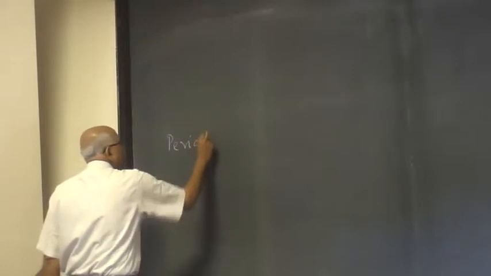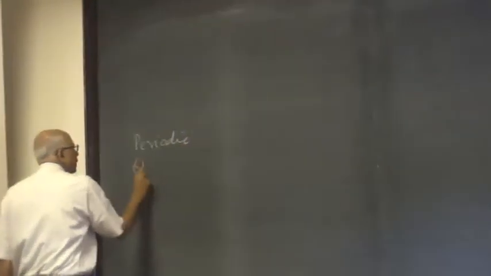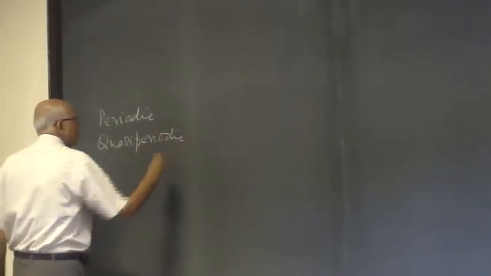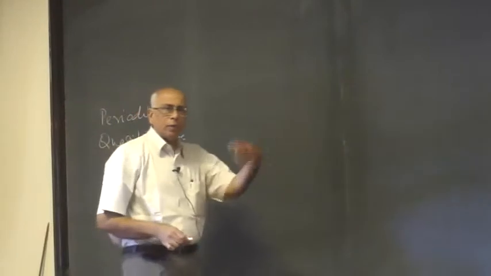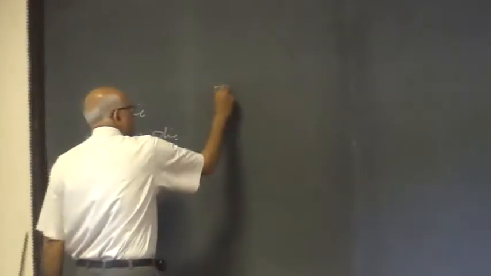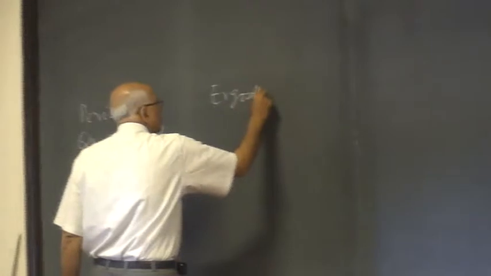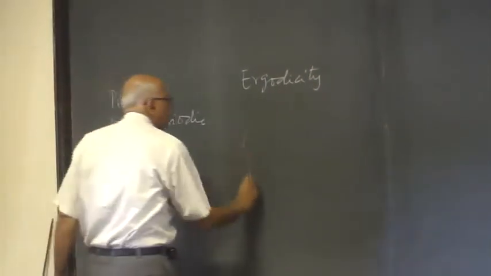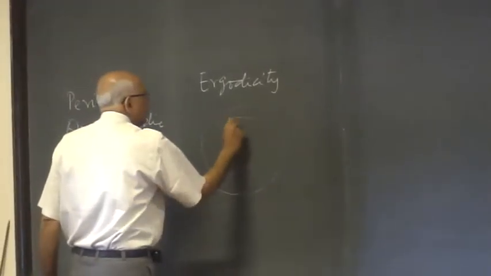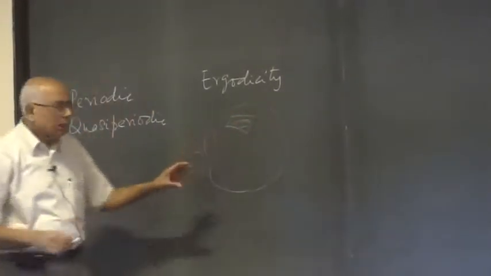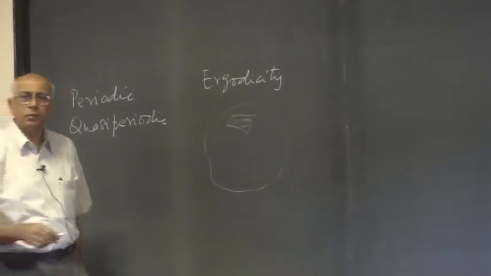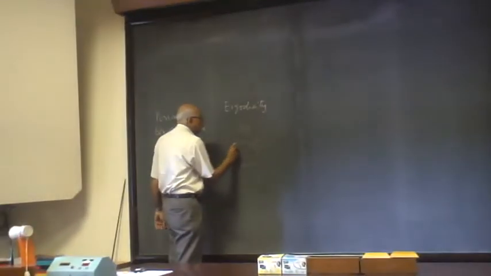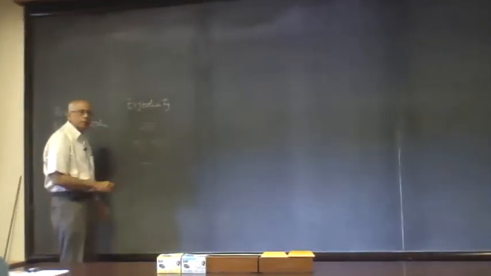That's regular or periodic motion. And then quasi-periodic. That was a mild generalization of periodic motion. Next in degree of complexity comes what's called ergodicity. Again, in terms of pictures, what this means is, if you have some phase space, and you start with a set of initial conditions here, in this little patch, this volume element, then as time progresses, this volume element maybe evolves to that, that maybe evolves to this, and so on.